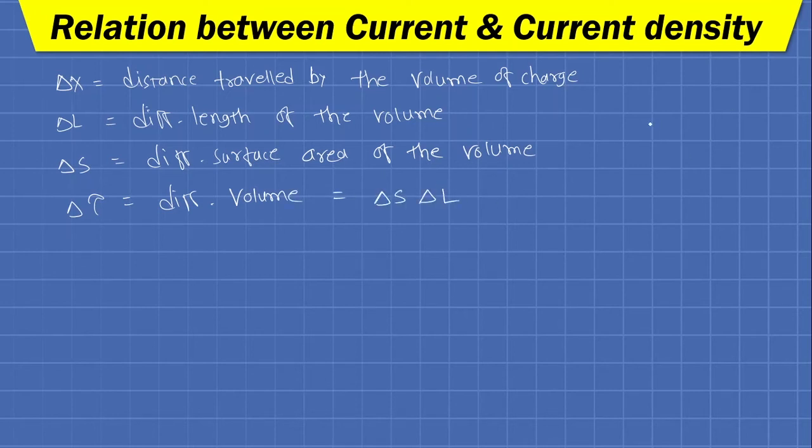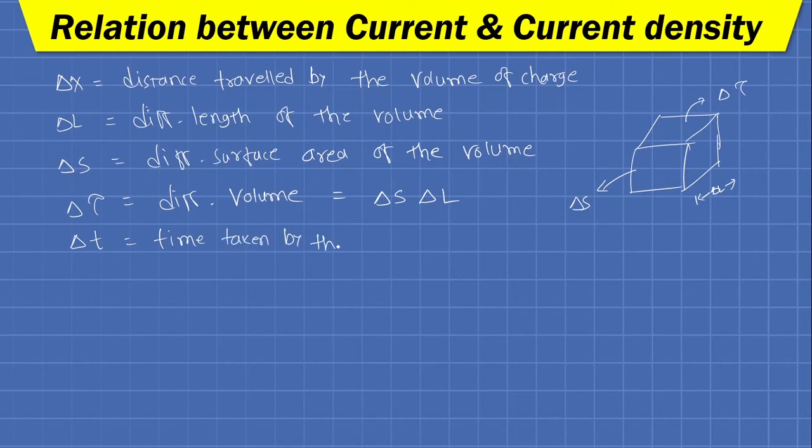Fine, because if this is the shape of our volume in which this is delta L and this surface area is delta S, then delta tau is nothing but delta S into delta L. And delta T is the time taken by the volume to travel delta X, and rho V is nothing but the volume charge density.